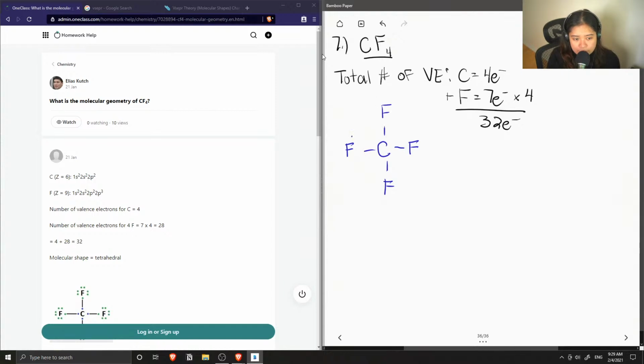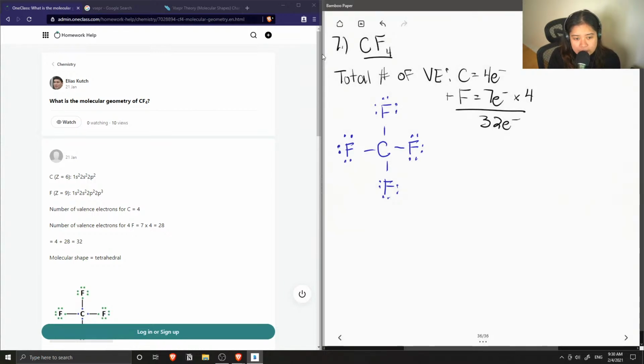And now we'll fill up all of the lone pairs on our terminal atoms so that they have a complete octet. So now if I count out all the electrons in this structure, you can see that I already have my 32 electrons. So this is already the correct Lewis structure.